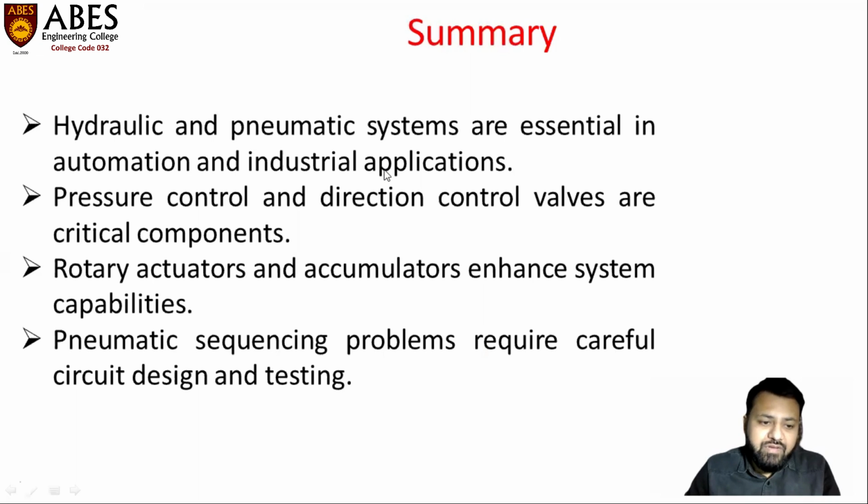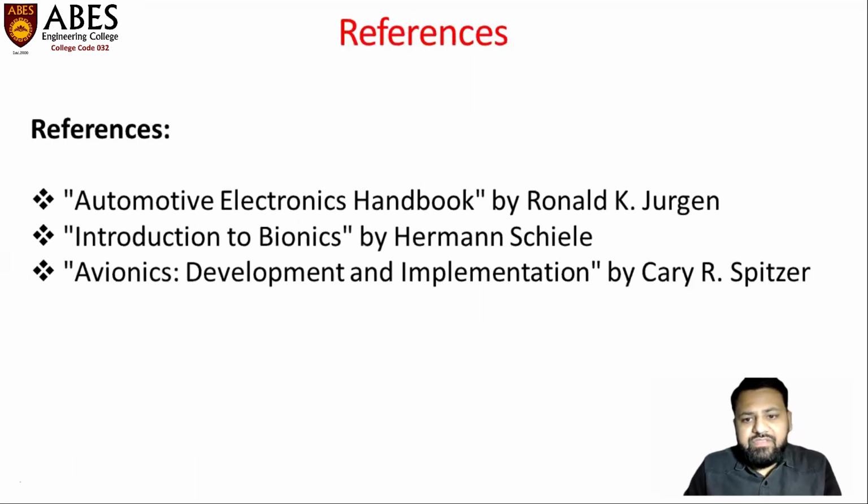And finally, we discussed the pneumatic sequencing problem, how we can design a circuit and how we can perform testing before building an actuation system. These are the references you can follow to study the related topics.